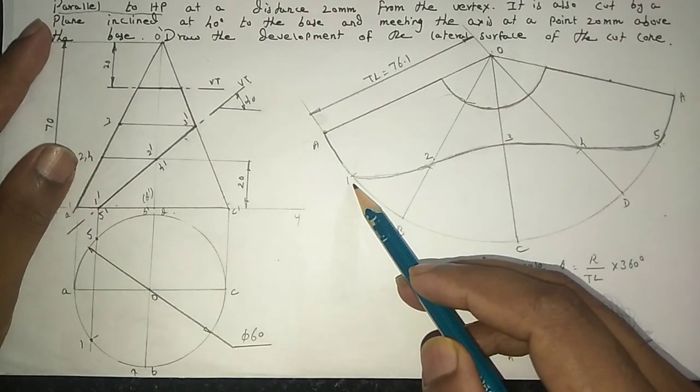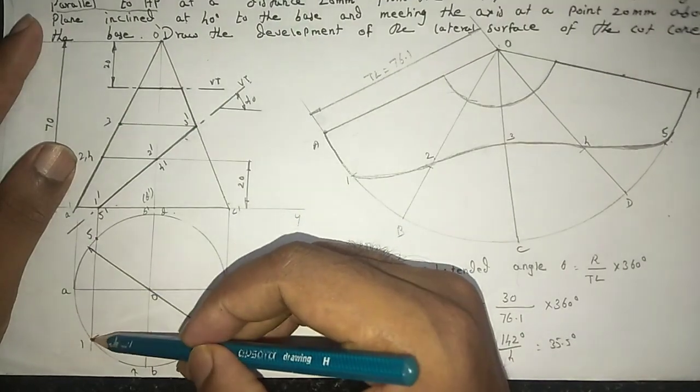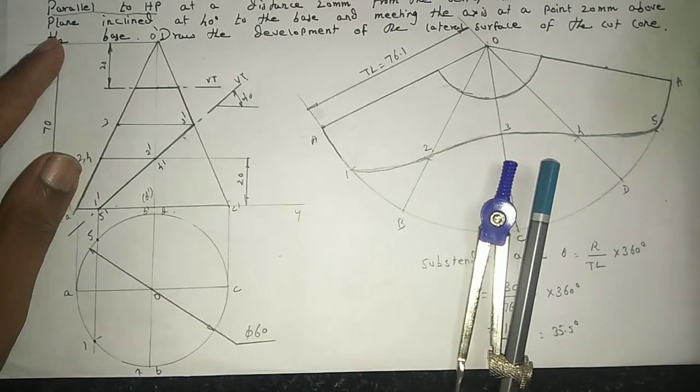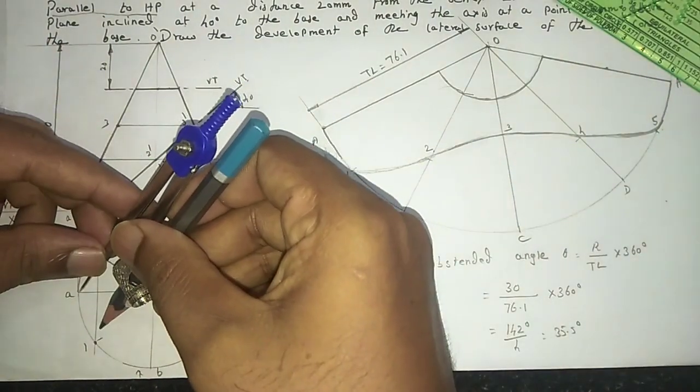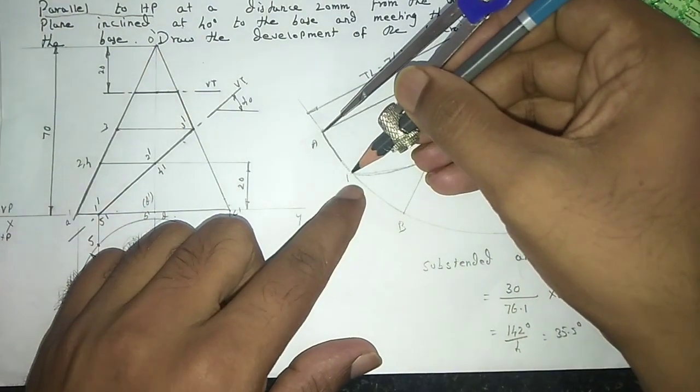So in this diagram, when marking the first point, we take the compass and measure the distance of A and 1, and on the base we mention the first point.